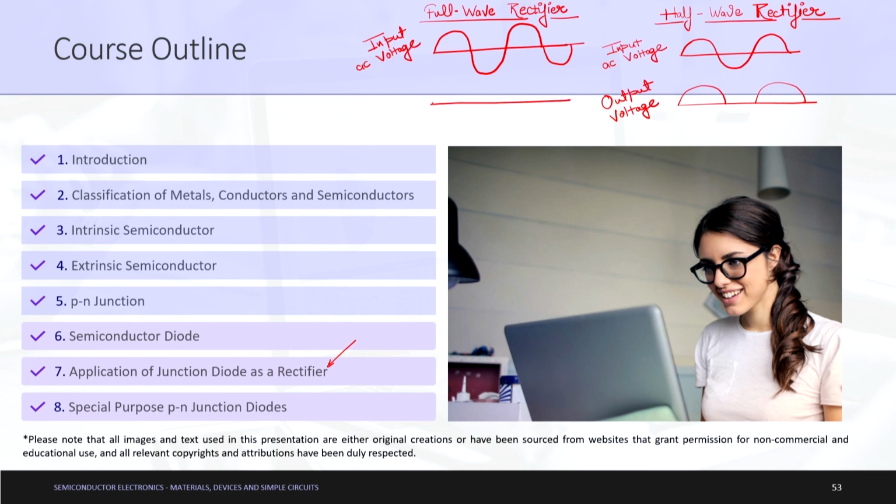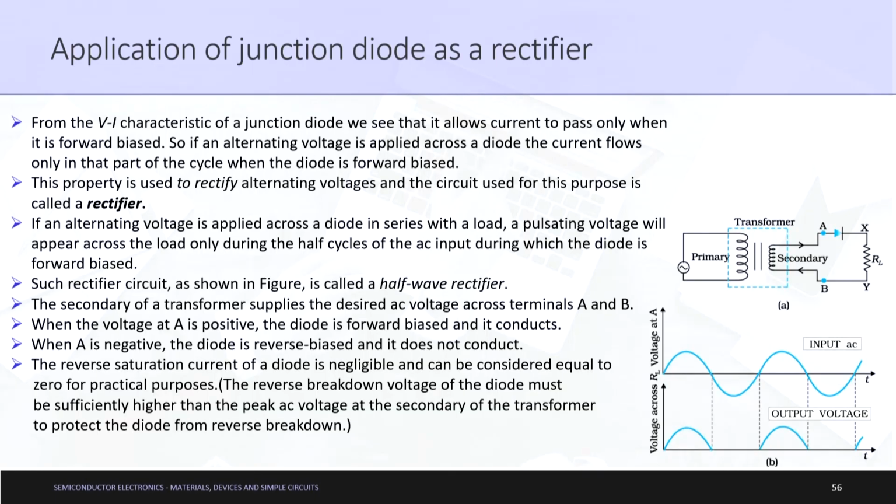So, this will be the output voltage. Fine. So, that being said, let us understand the full wave rectifier from the discussion we left in the previous part of the last lecture. Okay, so let us start the discussion directly.